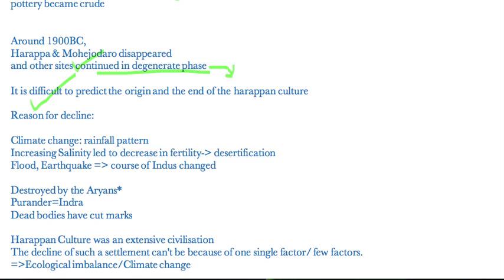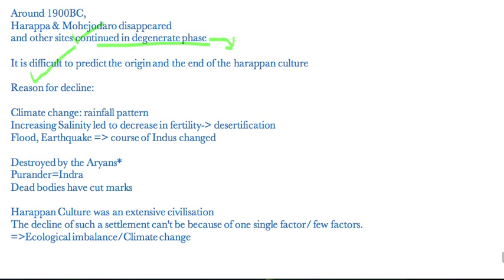Most probably some of the reasons for decline are climate change, which changed the rainfall pattern. Then the other reasons are increasing salinity, which led to the decrease in fertility, which led to desertification. Then another point is flood and earthquake, which changed the course of river Indus, and this led to the decline of Harappan culture.